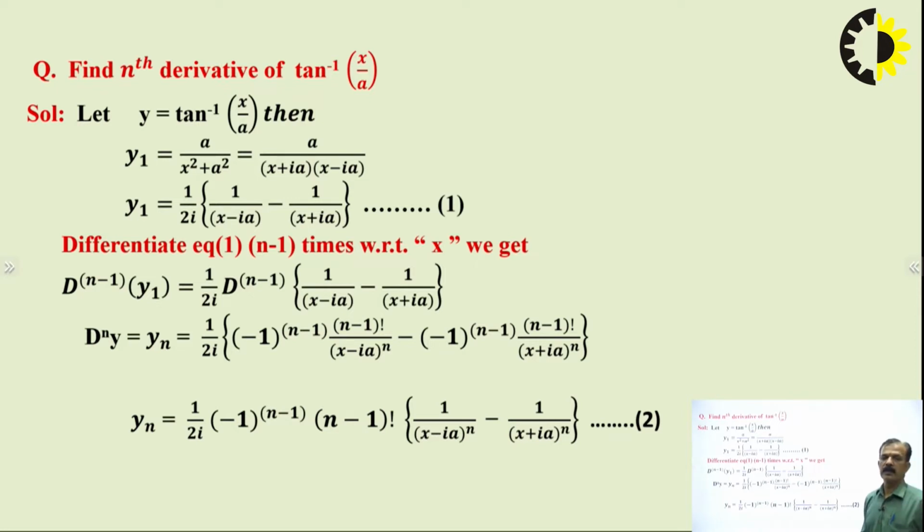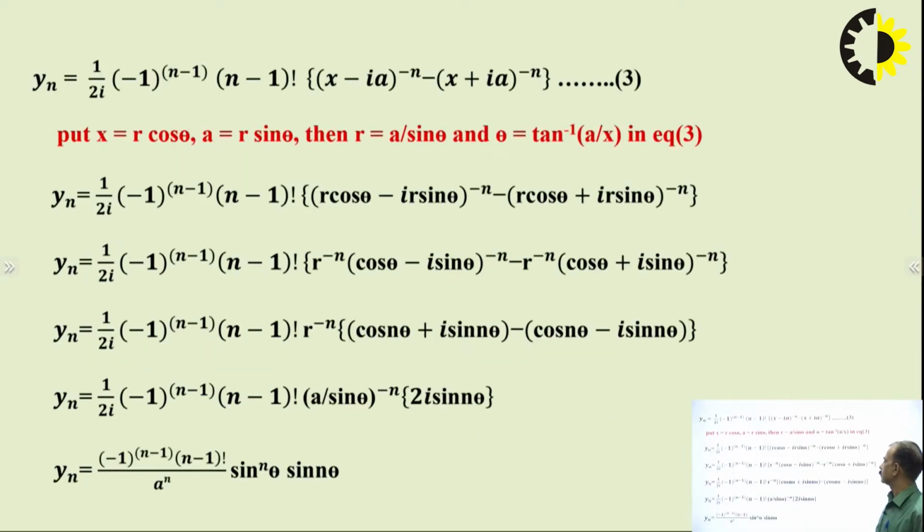So this will be the final result for the nth derivative of tan inverse x upon a in algebraic form, but we can also find the nth derivative in terms of r and theta. So we further put the values of a and x in terms of r and theta.